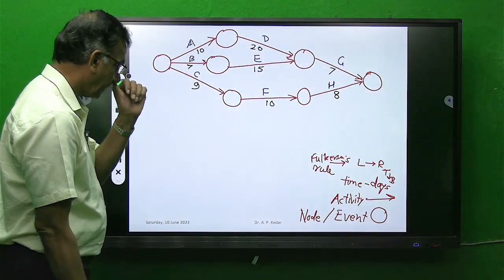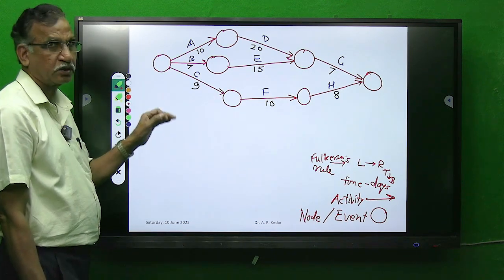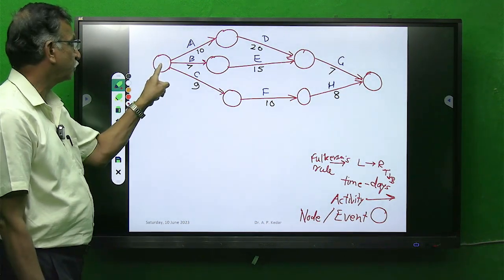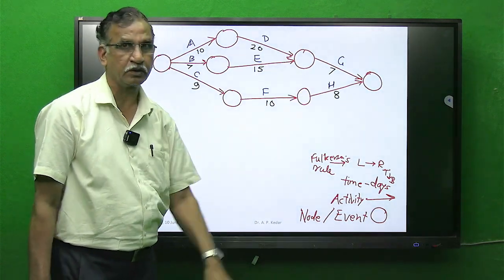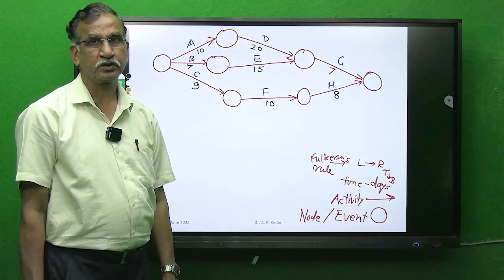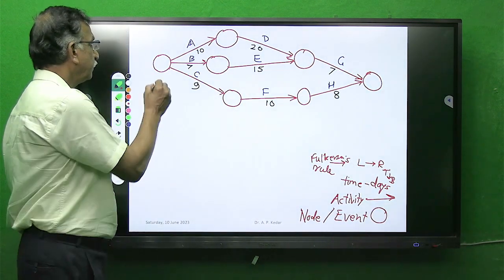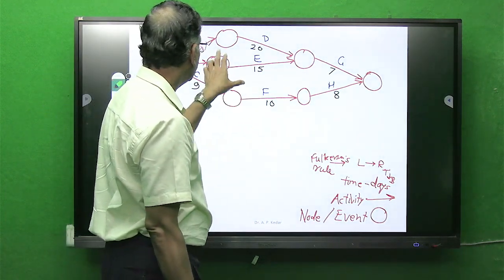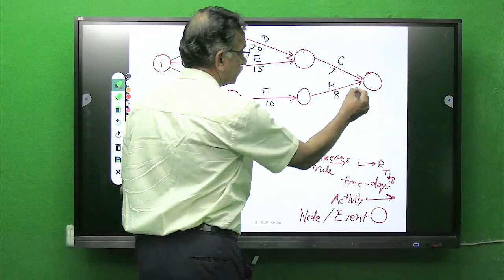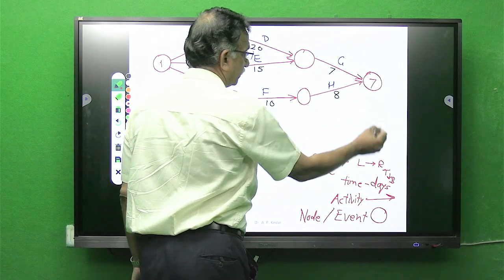And I have said that first count the number of events. So 1, 2, 3, 4, 5, 6, 7. Starting event 1, last event we have counted event 7. So last event by default will be 7.